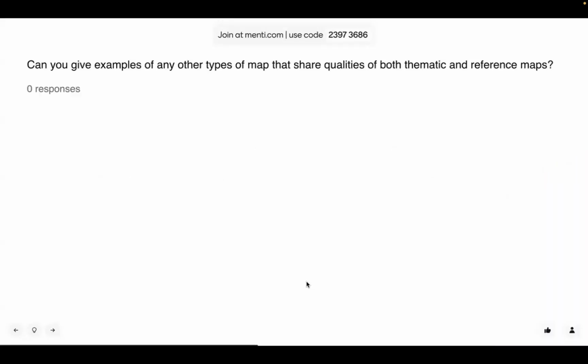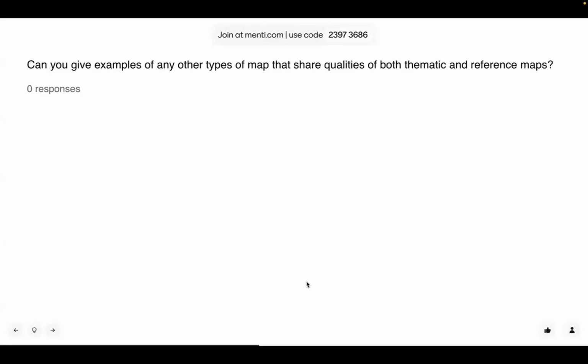So just to give you guys a chance to think a bit more in depth, can you give any examples of types of maps that might share qualities of both thematic and reference maps? So think about any maps that you have worked with yourself or have read upon or studied.